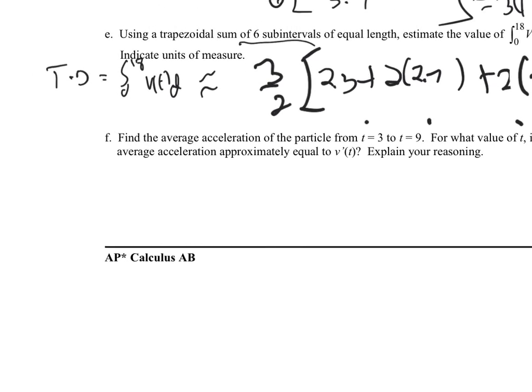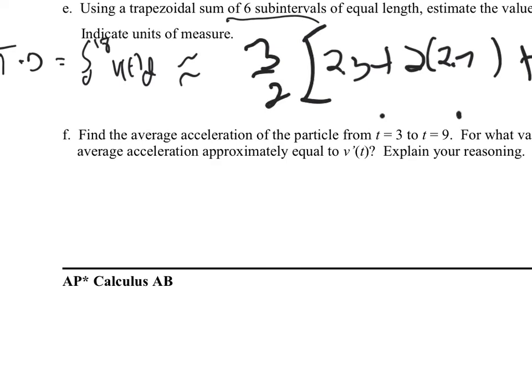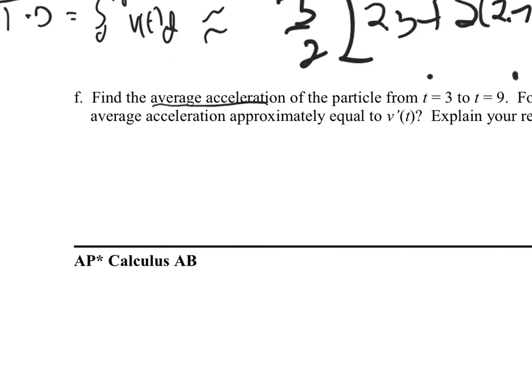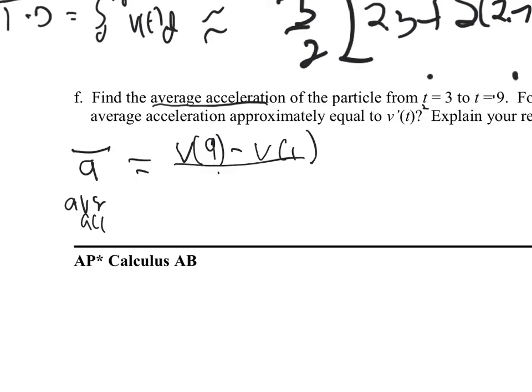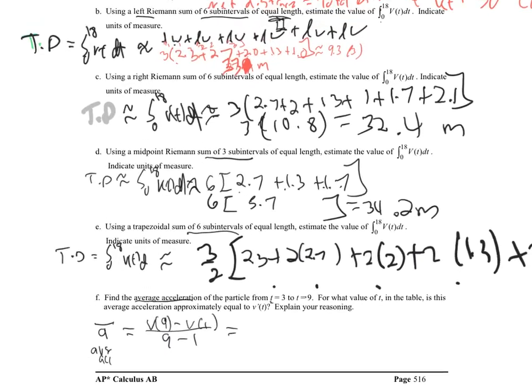Find the average acceleration. Okay, average acceleration. We've done this before. Please don't just start doing a slope. Put average acceleration. It would be the slope of the velocity curve. So if I'm going from 1 to 9, it would be v of 9 minus v of 1 over 9 minus 1. V of 9 should be up there in the graph.